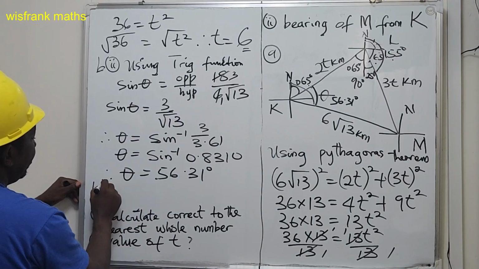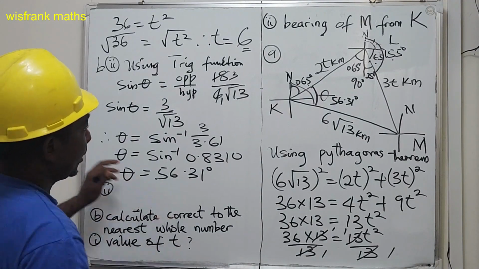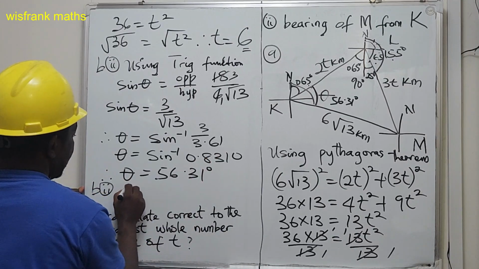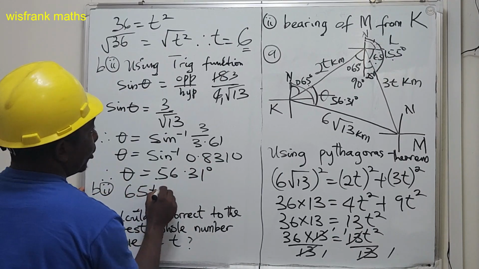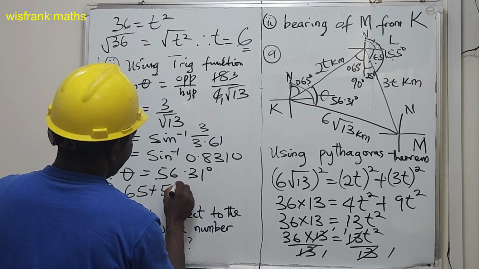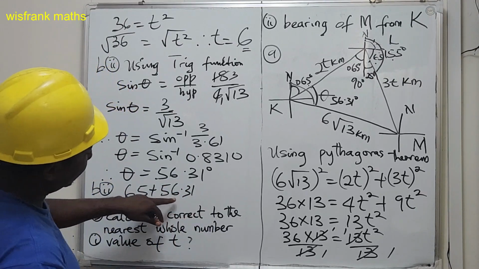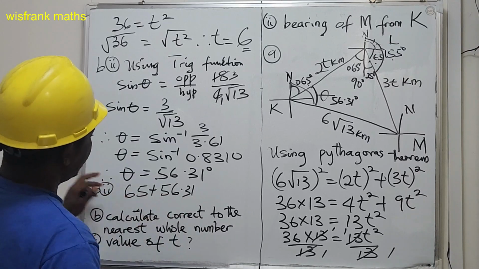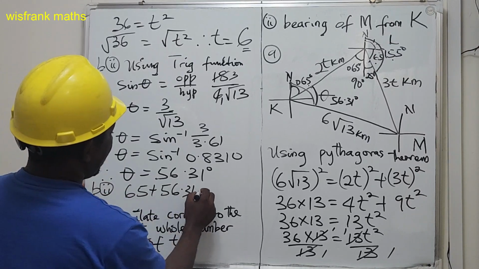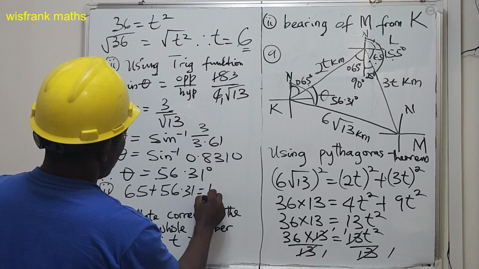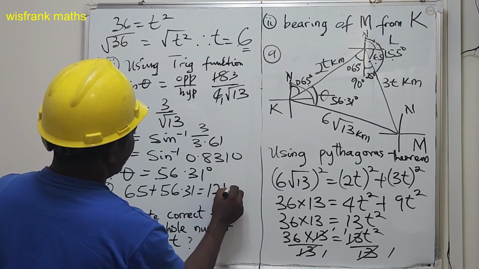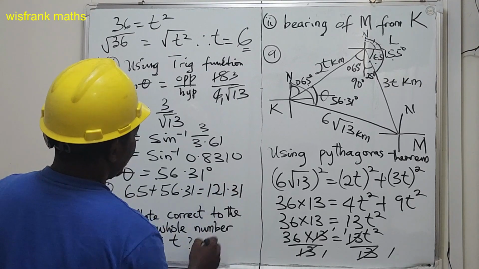The final answer for B II is 65 plus 56.31, which when we add, we have 121.31.